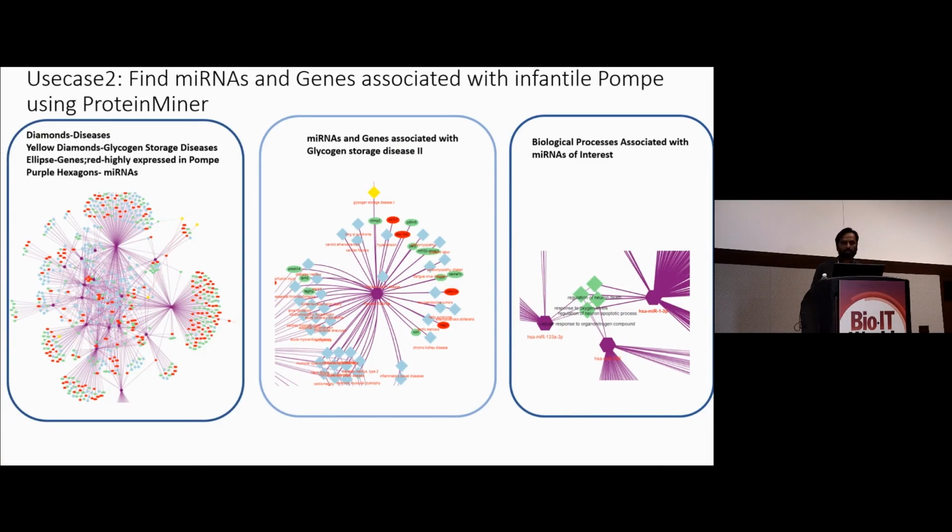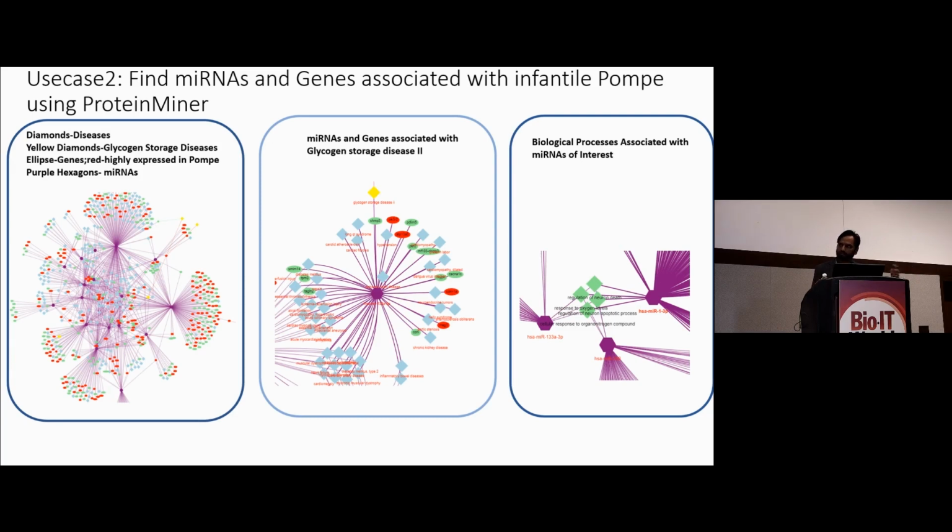With Protein Miner, I could limit all my queries to the proteins that I'm interested in, the microRNAs that I'm interested in, and the disease that I'm interested in, okay? So it generated this nice network where I have the yellow diamonds, which are all glycogen storage diseases. Infantile Pompe is one of the glycogen storage diseases, and then I have these ellipses which give you the genes that are interacting with these glycogen storage diseases, and I can color them based on their expression.